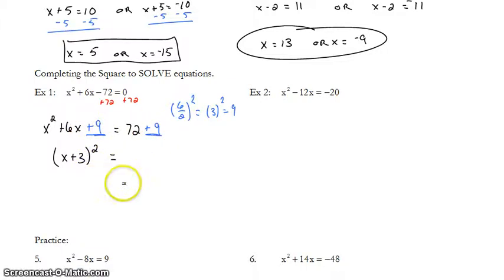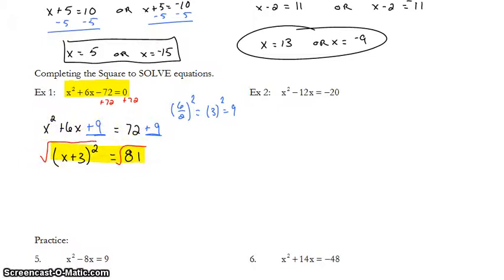It's the only way to make this work. 72 plus 9 is 81. We have just successfully taken this equation and rewritten it this way by adding 9 to both sides, completing the square. I now can solve this equation here, same way we did in the previous example.